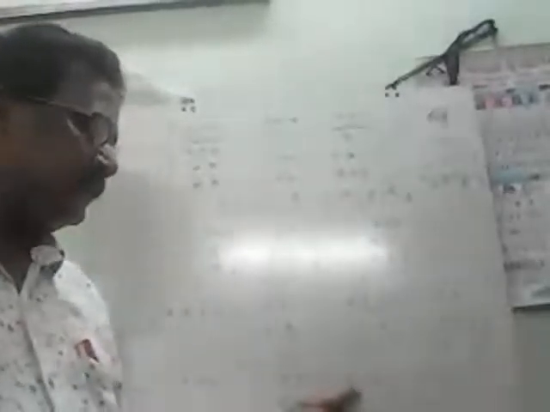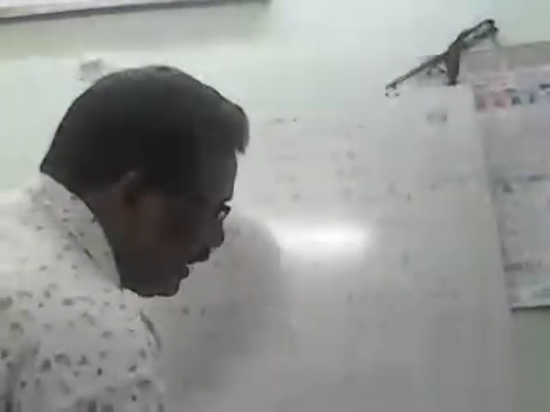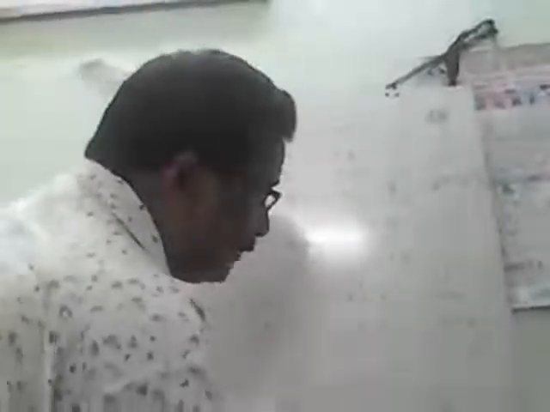Now you take common 4 minus x along C2, 4 minus x along C3. And the result will be 5x plus 4 whole into 4 minus x whole square. Remaining is 1, 2x, 2x, 0, 1, 0, 0, 0, 1.